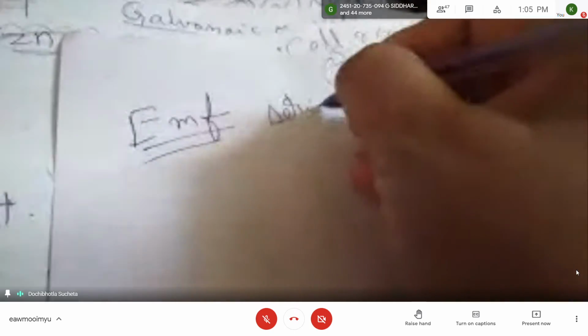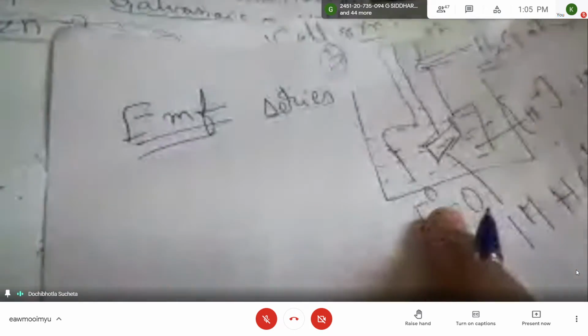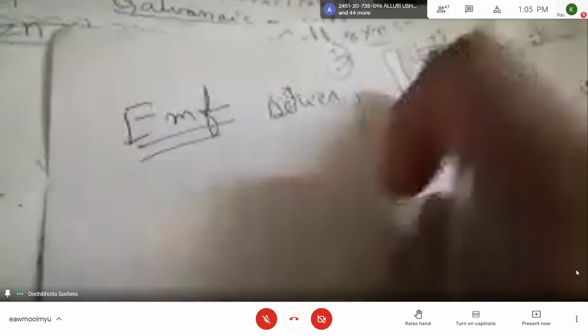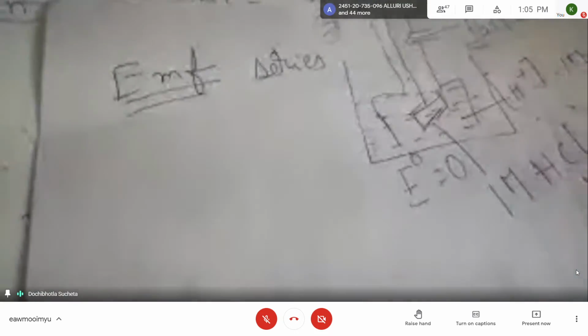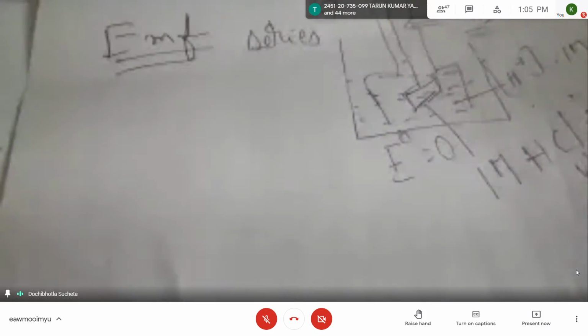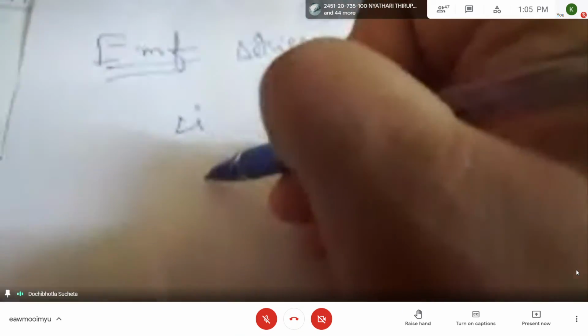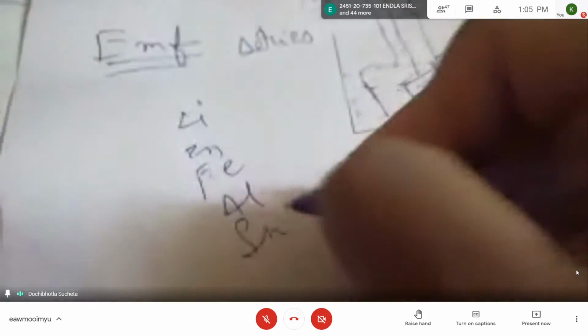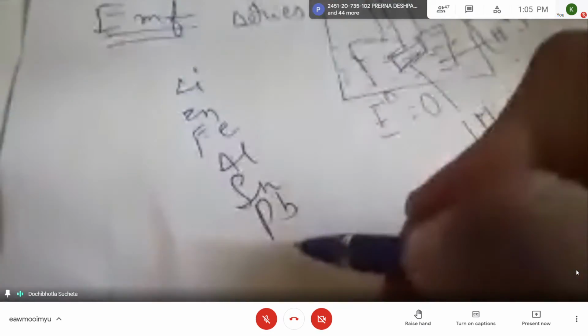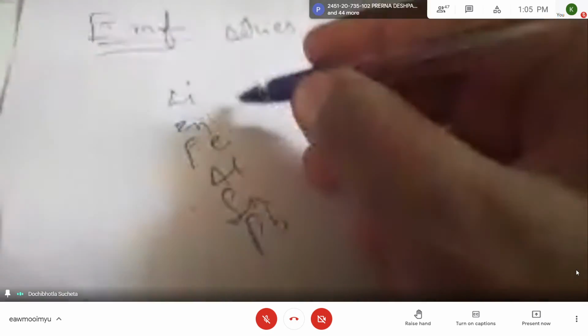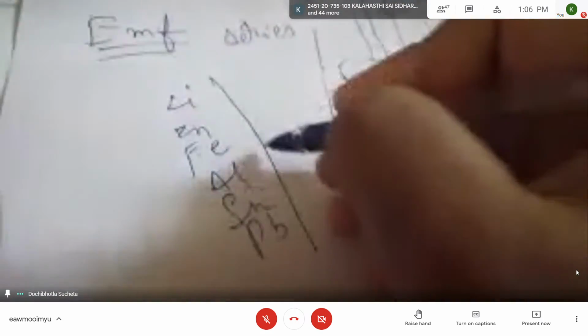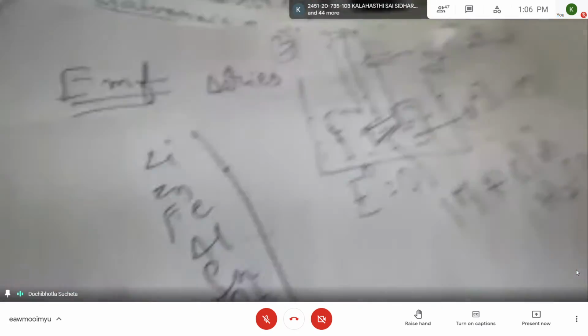What is the EMF series or electrochemical series? In the electrochemical series, there are various metals and non-metals placed in the increasing order of their reduction potentials. Metals like lithium at the top, zinc, iron, aluminum, tin, lead, and many more always underwent oxidation and acted as anode when combined with the hydrogen gas electrode.